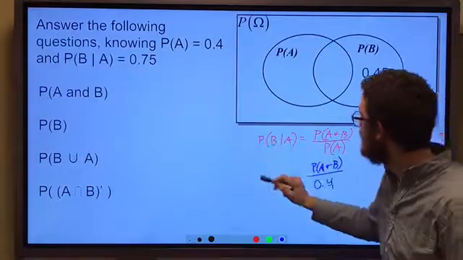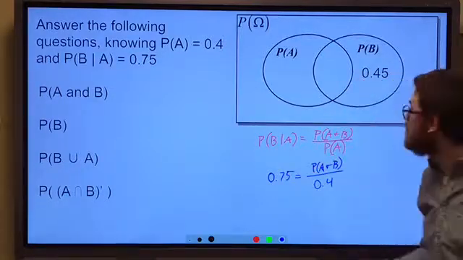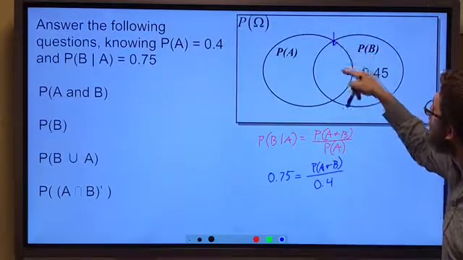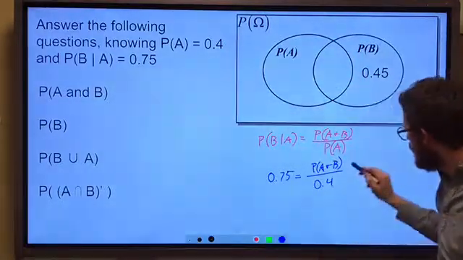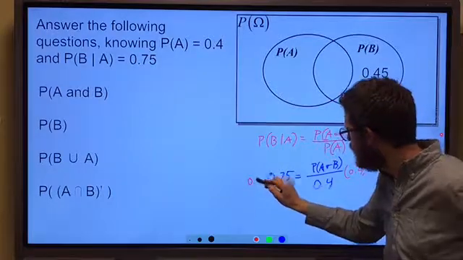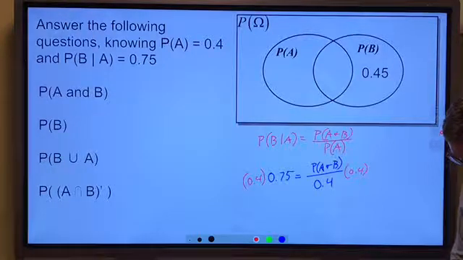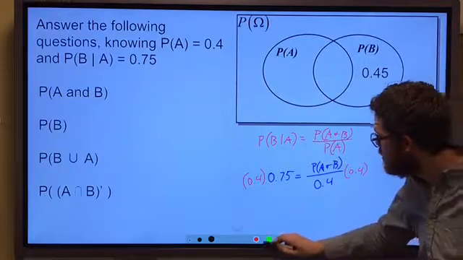The probability of B given A is 0.75. We can use this to find the probability of A and B, which is right here. That circle is the probability of A and B. So we multiply both sides by 0.4. This comes out to be 0.3. So the probability of A and B is 0.3.